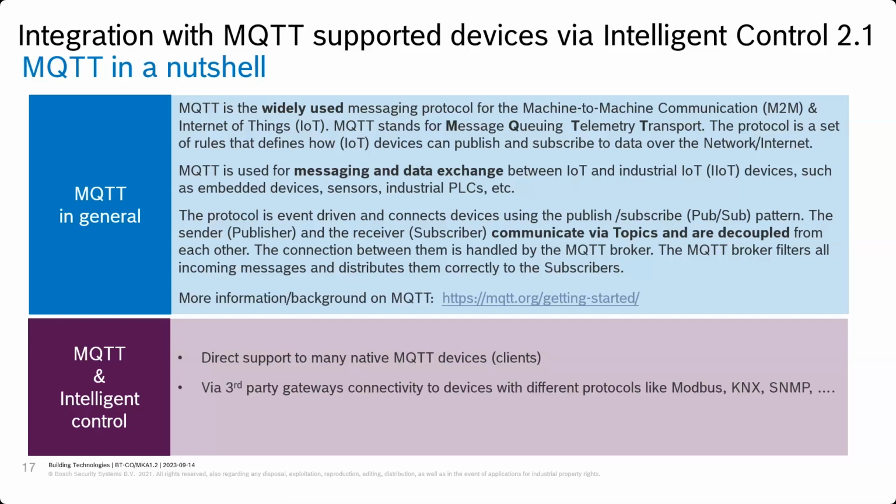Via third-party gateways, it makes connectivity possible to devices with different protocols like Modbus, KNX, or SNMP. There are standard protocol converters in the market which can provide that. So that would then also be gateway connectivity to these kinds of protocols.